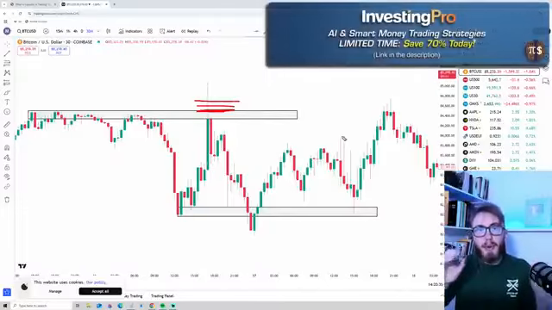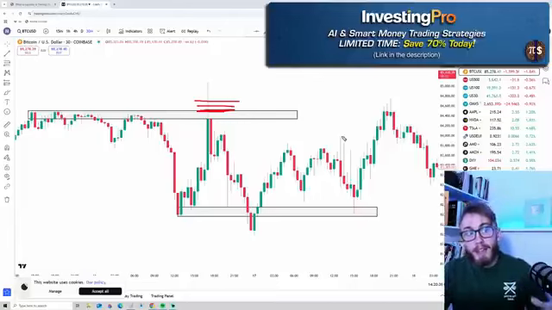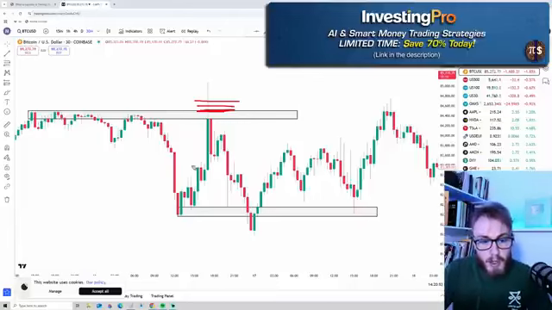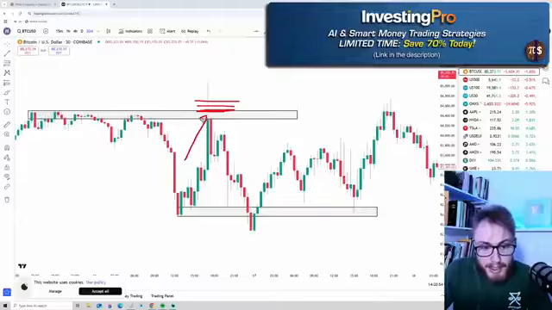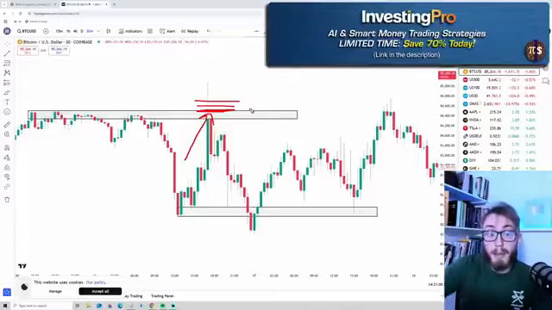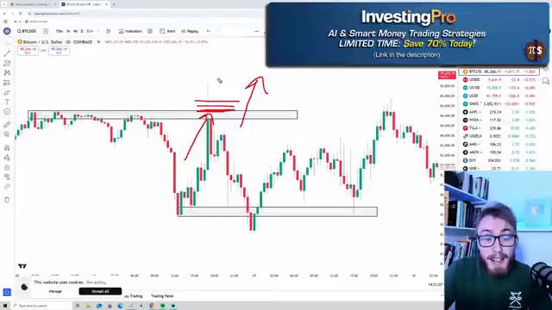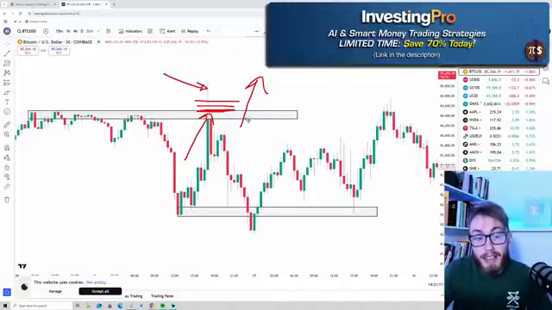And this is actually very important because this is what the smart players will use when they perform their liquidity grab. So what smart money does here is push the price up into these stop losses. And what happens when the stop losses of short players trigger? Well, the short players have to buy back, which leads to the price going even higher. And as we can see, this is exactly what happened with this wick right here.